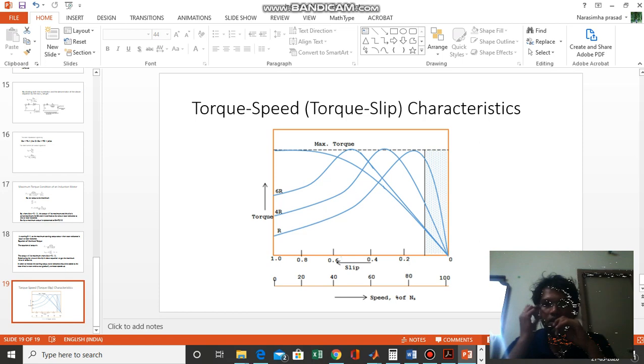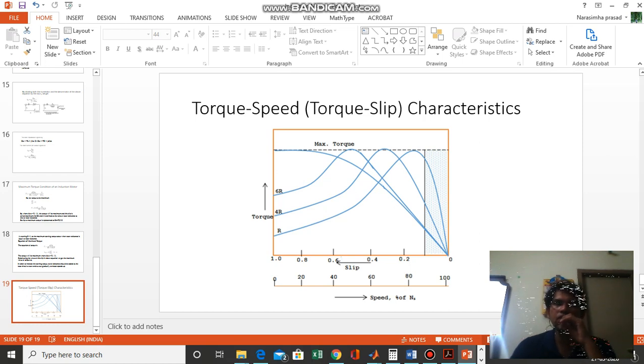For some loads we require a minimum amount of starting torque, and for other types of loads we require a maximum amount. Say we take locomotives, that is trains: some trains start very slowly, while metro trains start with a rapid speed suddenly.